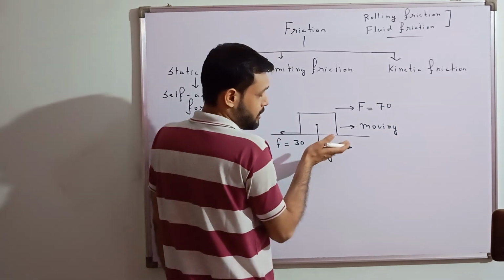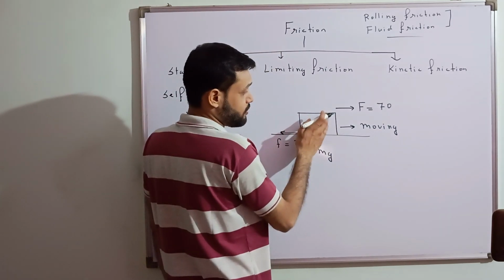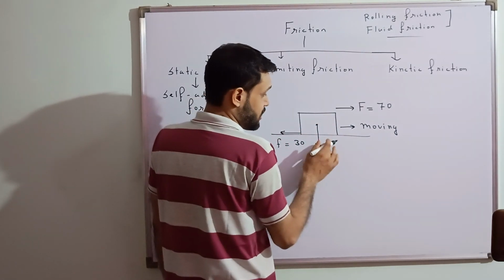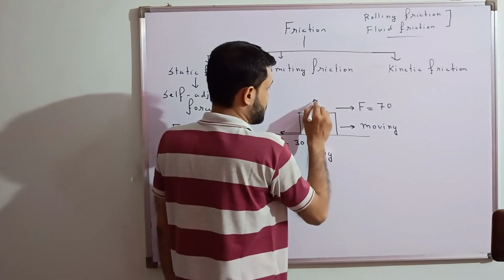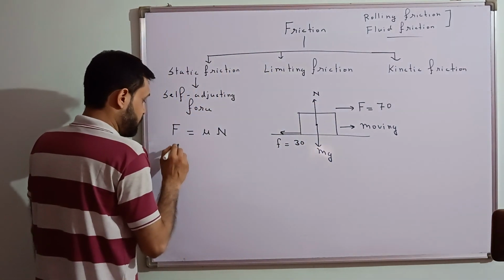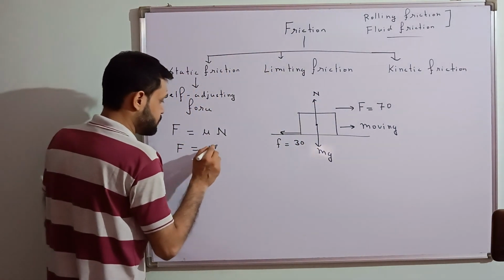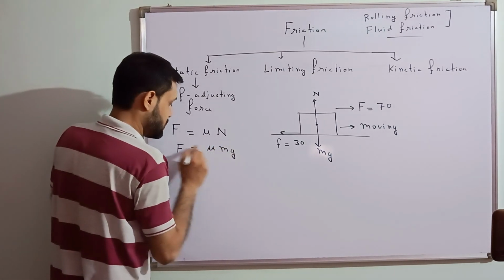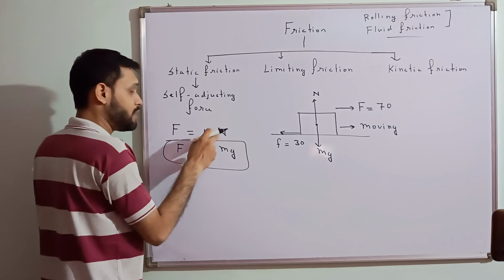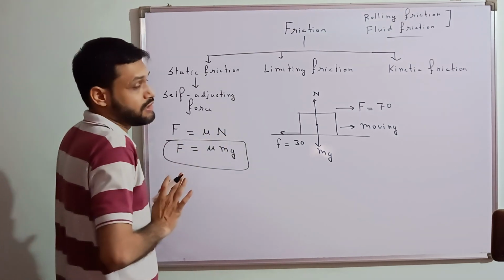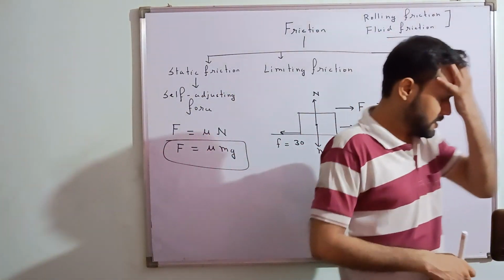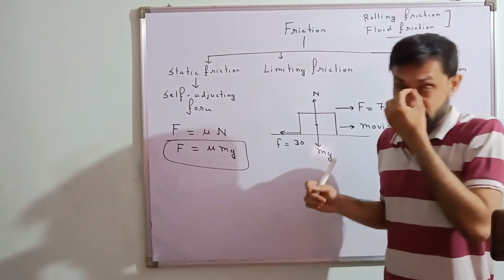The object cannot move in this direction, so the surface will offer a normal reaction in the opposite direction, and this normal reaction is equal to mg. So the friction becomes mu times mg. It is always mu times normal reaction. Normal reaction may or may not be equal to mg, depending on the situation. So I think this much is clear.